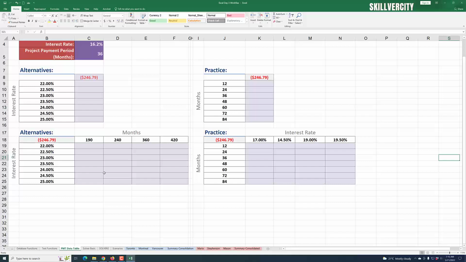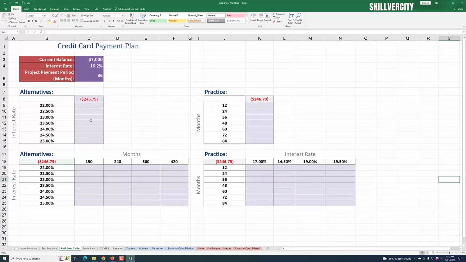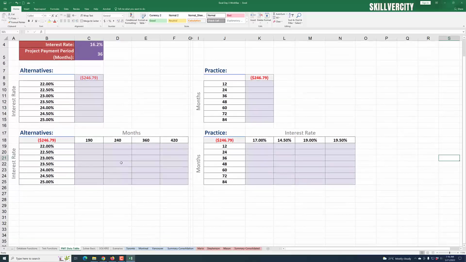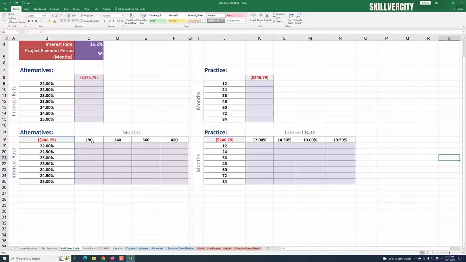Another way we can ask this question is, what if we want to know what our interest projection would be for different monthly scenarios? In this case, we're looking at only 36 months, but down here in this second example, we're looking at different numbers of months: 190 months, 240 months, 360 and 420 months.